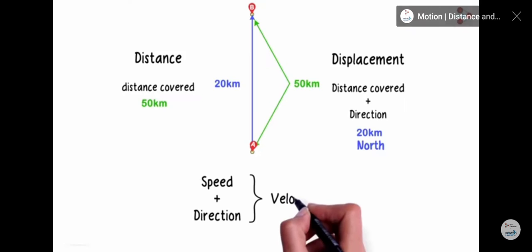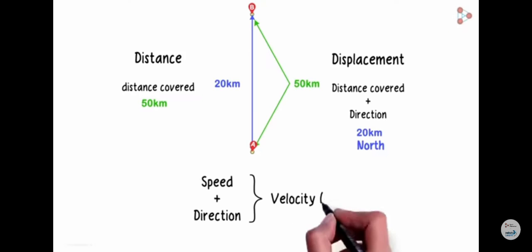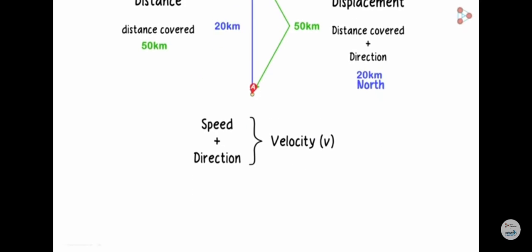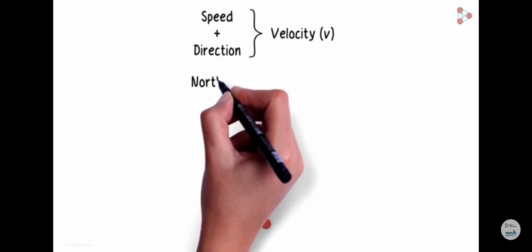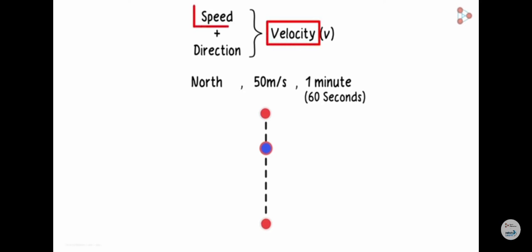Yes, it's velocity, which can be written as lowercase v. Let's see how it differs from speed. What if I tell you that I traveled north at a speed of 50 meters per second for 1 minute? Would you be able to tell me where I landed up? Yes, you would know I have covered a total distance of 3,000 meters and landed up at this point. Velocity is speed with direction of motion.